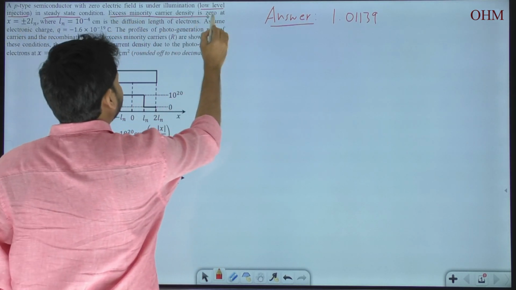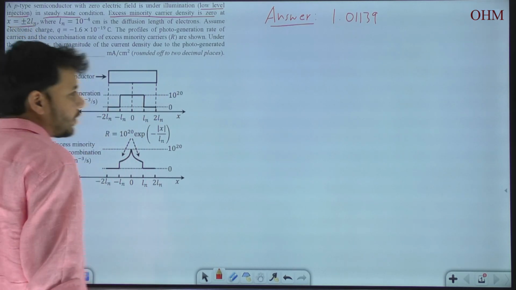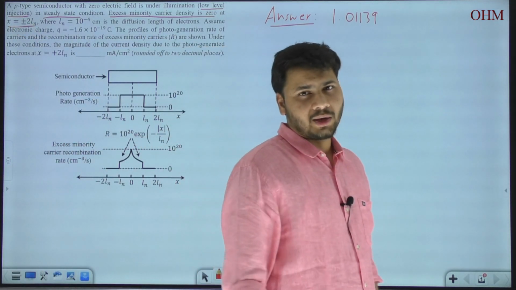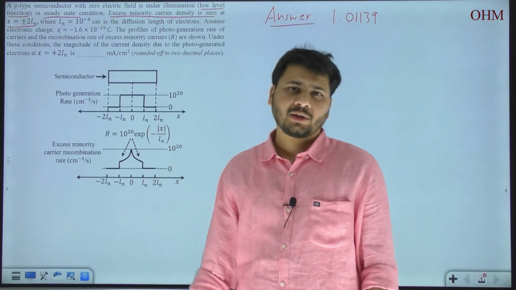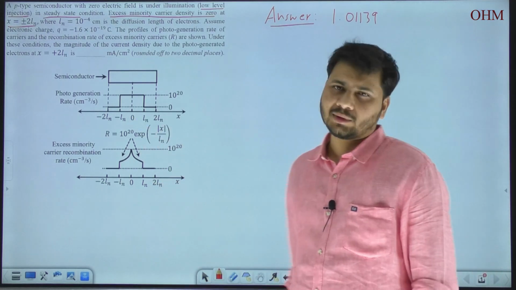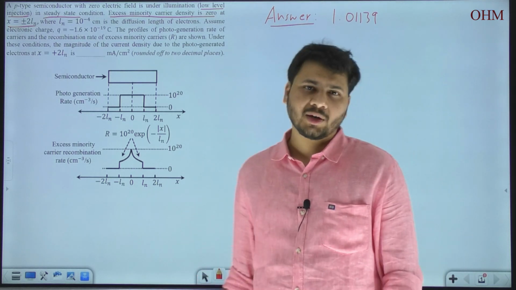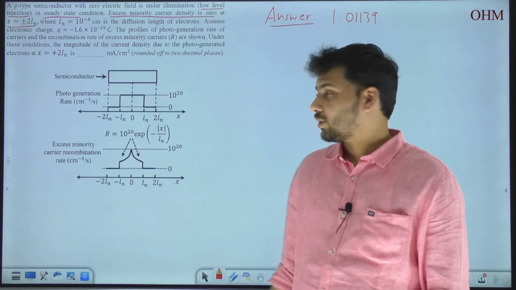The excess minority carrier concentration is 0 at x equal to plus or minus 2Ln. Are these not the two ends of the semiconductor? So at the two ends of the semiconductor, the excess minority carrier concentration should become 0.